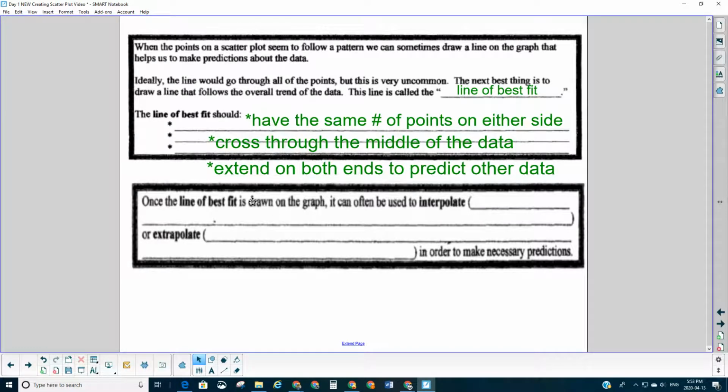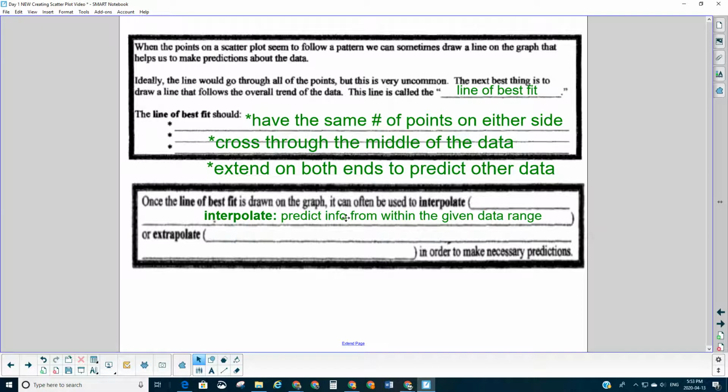Once that line of best fit is drawn, you can use it to interpolate, or to predict information from within the given data. In the data that we had before, it was something like 1 hour to 3 hours. So we could predict something in between there, like 2.5 hours. When we do that, it's called interpolation.